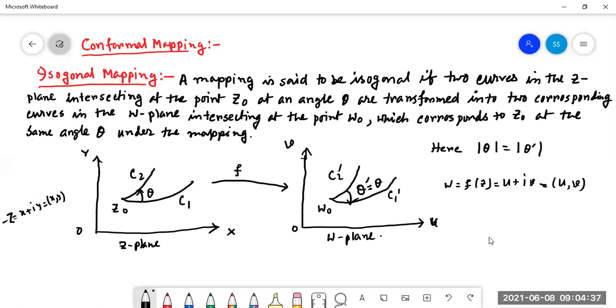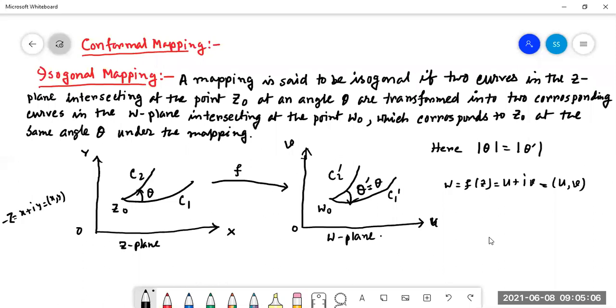Now through this mapping f it is transferred into the w plane, where u and v are the axes. Same thing, but in the w plane there is a curve c1 dash and a curve c2 dash. Both are intersecting at the point w0, which corresponds to z0, and make an angle theta dash equal to theta.